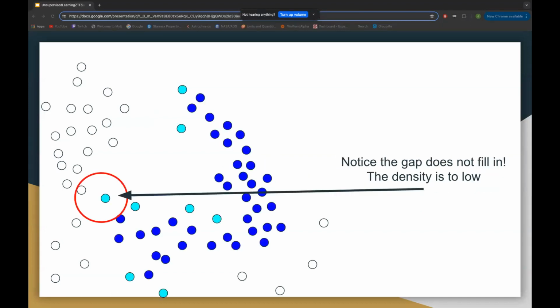Here, all of these points had enough nearby, so they became core points. But these points here aren't core points, but they're neighbors of these blue core points. If you notice, the density has dropped compared to here, so there aren't enough points in this region to bridge the gap.